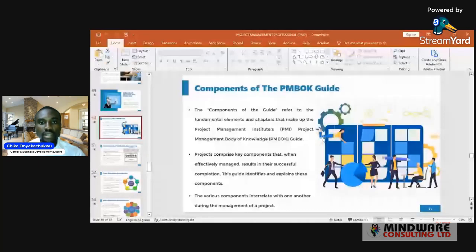So we said the components of the guide are actually the key components in project management. These components, when effectively managed, will definitely result in successful completion of any project, no matter the scale or complexity.